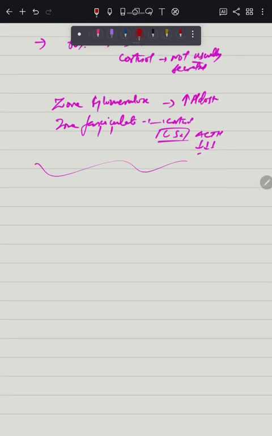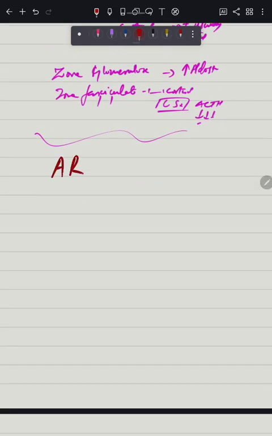Now going to this ARR, that is plasma aldosterone concentration divided by renin, the aldosterone renin ratio. Now this renin part can be measured in two ways.